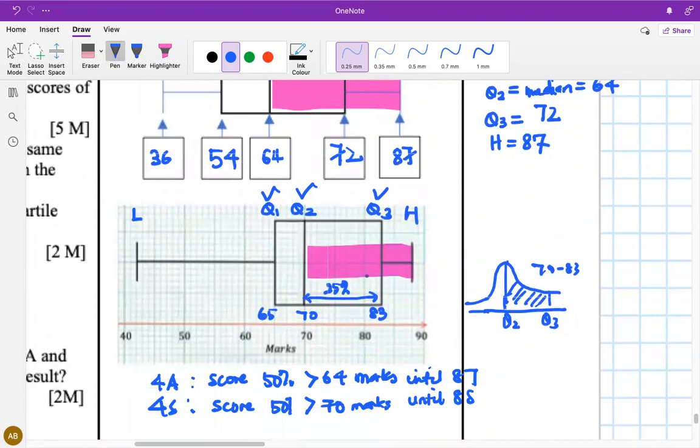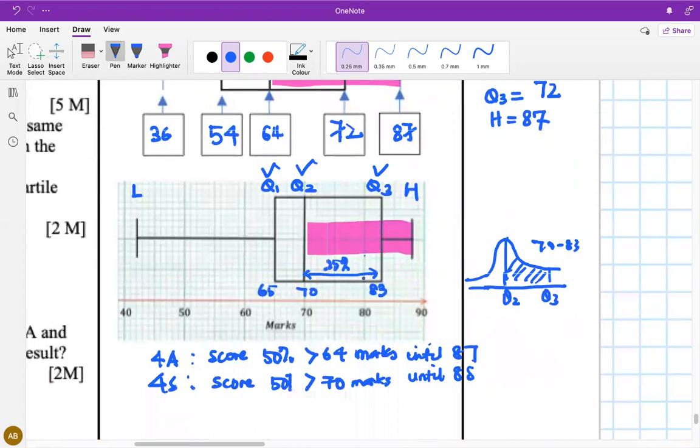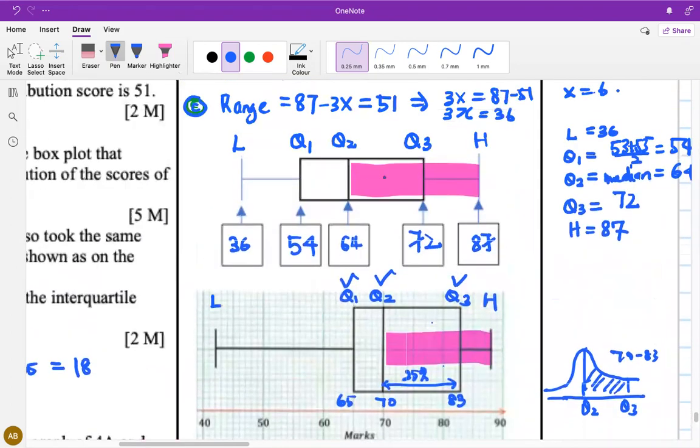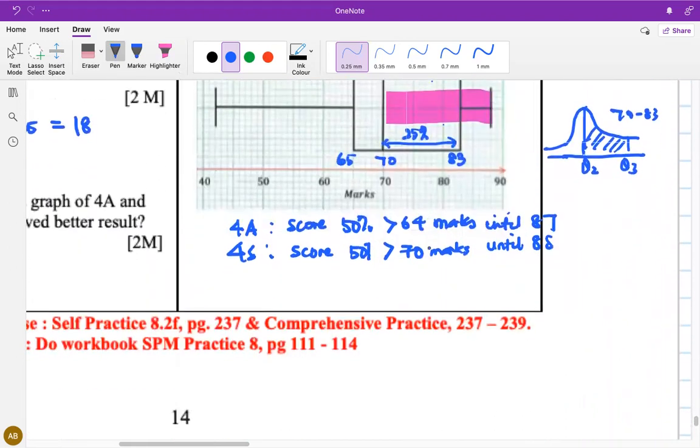So 25% of them score in the third quartile, between the median and the third quartile. So this is first half, second half, third, and fourth. So third and fourth show 4S scored better results than 4A.